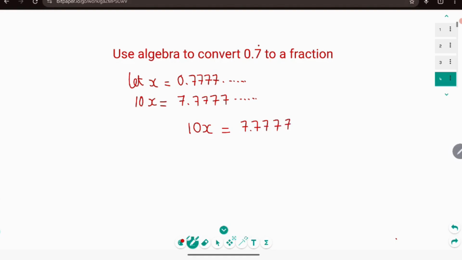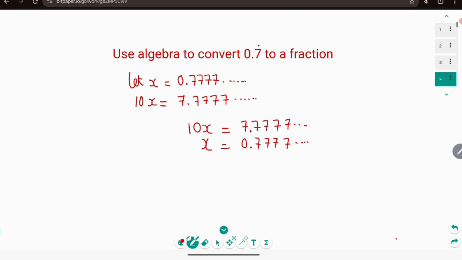But it's really important that we get all our place values lined up. I always set out my decimal point here so it's in the same place. And then each digit lines up, so the units are lined up together, the tenths, hundredths, thousandths, etc.